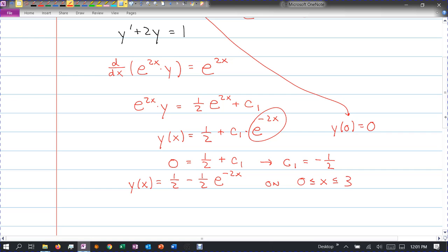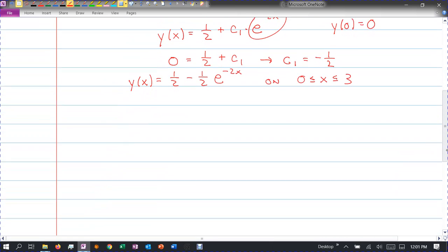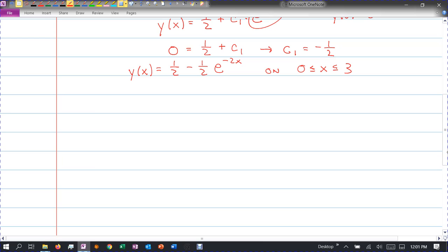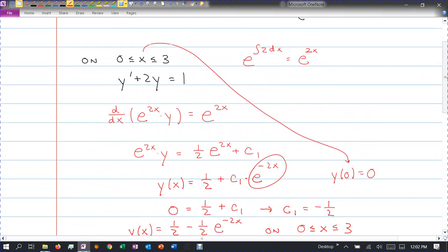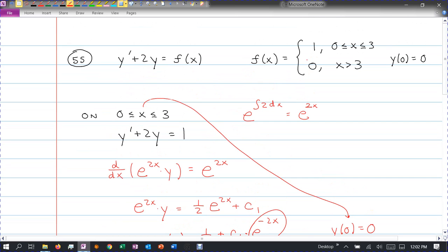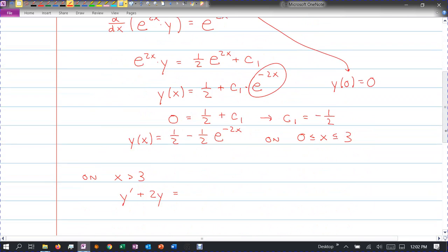Now we're going to start the problem over again, and we're going to say that if we're looking on the interval where x is bigger than 3, then our differential equation becomes y prime plus 2y equals, well, now we're on where x is bigger than 3, so if we go back up to our piecewise function, our function must be 0.